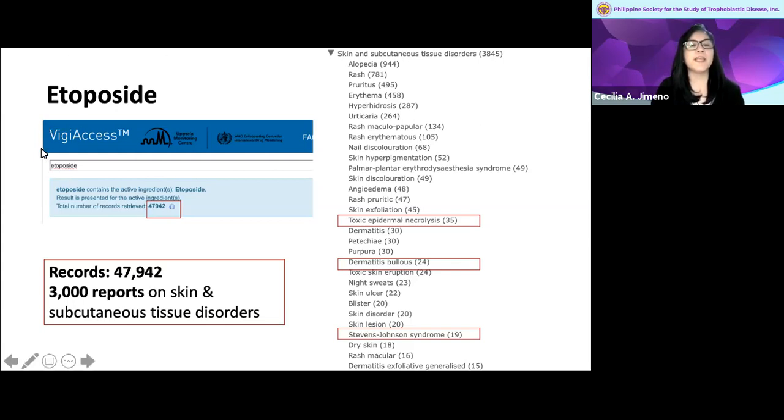So for etoposide, there were nearly 48,000 reports. And of these reports, around 3,000 were on skin and subcutaneous disorders. So you can see TEN, bullous diseases, and Stevens-Johnson syndrome.